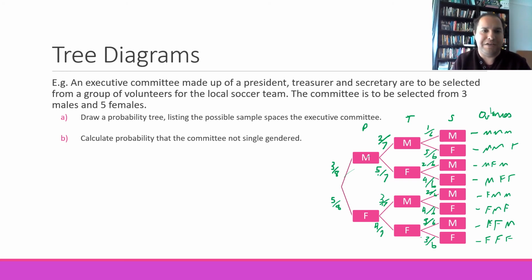All right, calculate the probability that the committee is not single-gendered. So let's find our single-gendered ones. We've got all 3 males and all 3 females. What we're going to do then is use the complement of that. So the probability of not single-gendered is going to be 1 subtract the probability of having 3 males on the committee and subtract the probability of having 3 females on the committee.